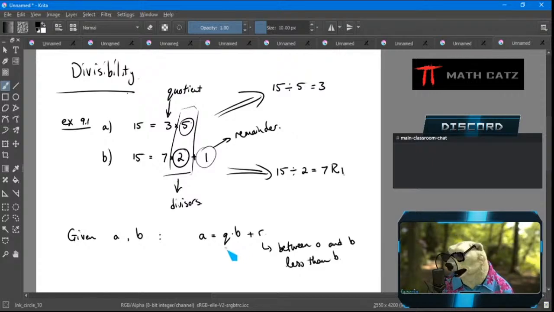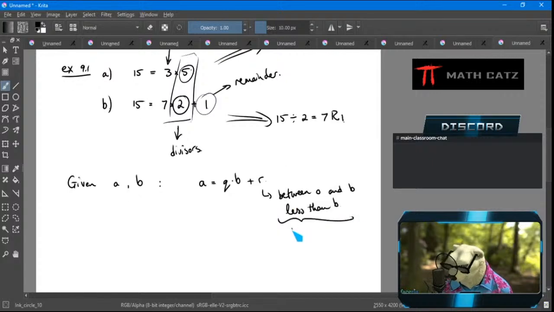So we write that as 0 less than or equal to R less than B. But if you see that and it feels a little bit intimidating, that just means mathematically that the remainder is between 0 and B, and it could equal 0.